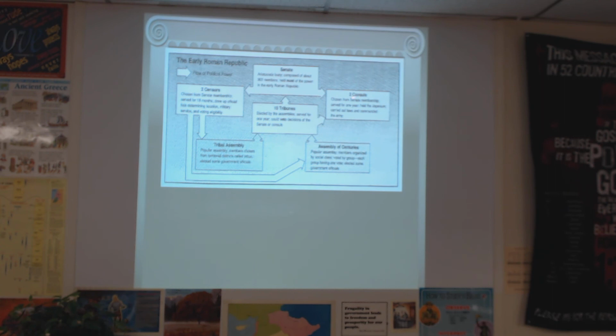We have consuls, chosen from the Senate membership as well, served for one year. They held the imperium. They carried out laws and commanded the army. Which branch of government would that represent? Judicial. The judicial branch interprets the law, determines whether people are disobeying the law or not, but we don't have that here.